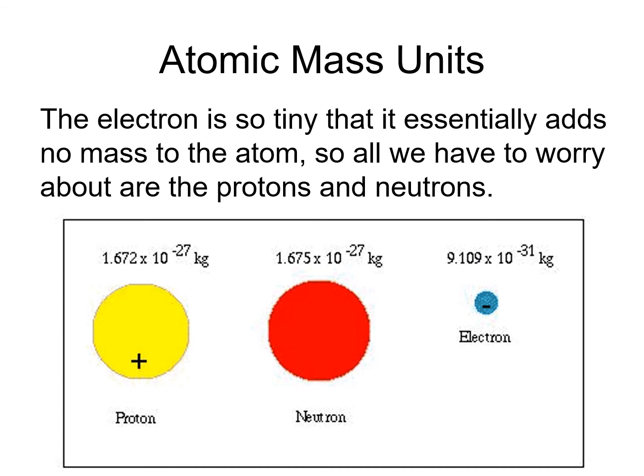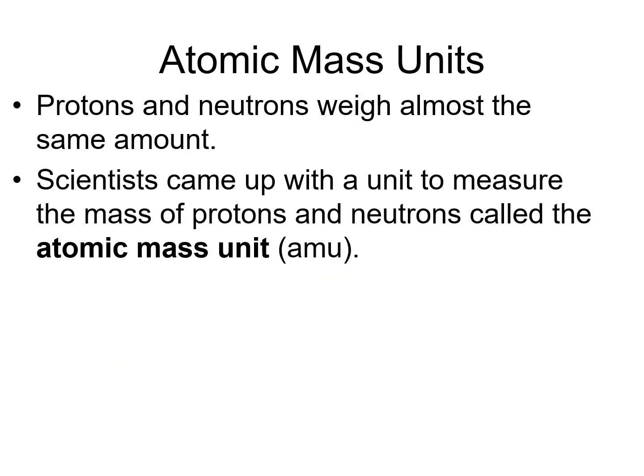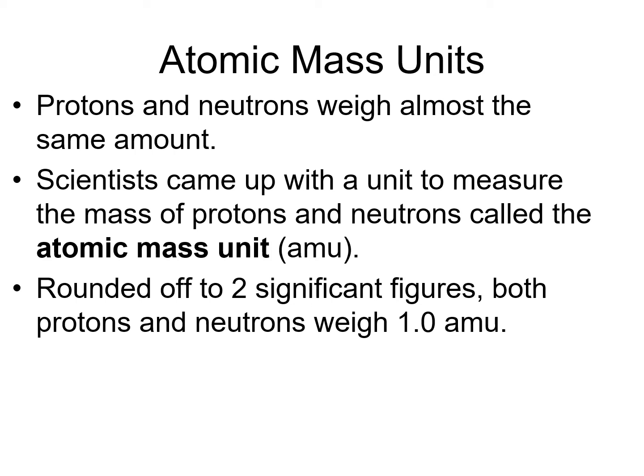Consequently, we can ignore electrons most of the time as far as the mass of an atom goes. So if protons and neutrons weigh almost the same amount, scientists decided that might be a good fundamental unit of measurement, and so they derived something called the atomic mass unit, which is approximately 1 proton or 1 neutron's mass.